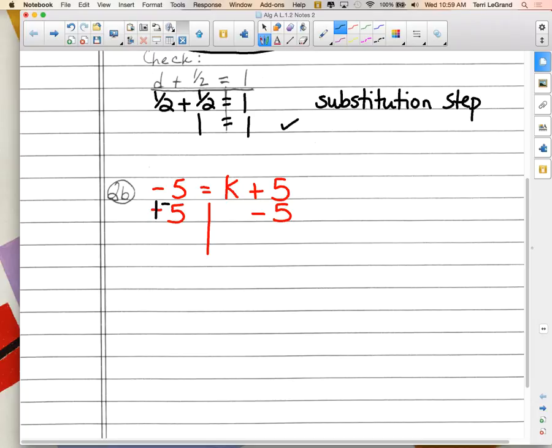Now, we need to use the rules. What happens when you add 2 negatives? You've got a negative 5 and another negative 5. What happens when you add negatives? Does it go positive or does it stay negative? It stays negative, doesn't it? You can't borrow $5 from somebody and borrow another $5 from somebody and all of a sudden they say to you, oh, here, have another 10, you don't owe me anything. That doesn't happen.